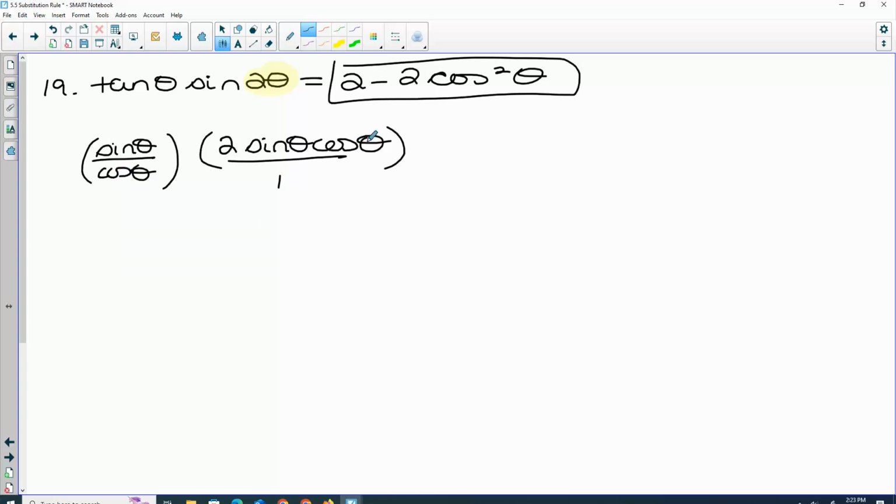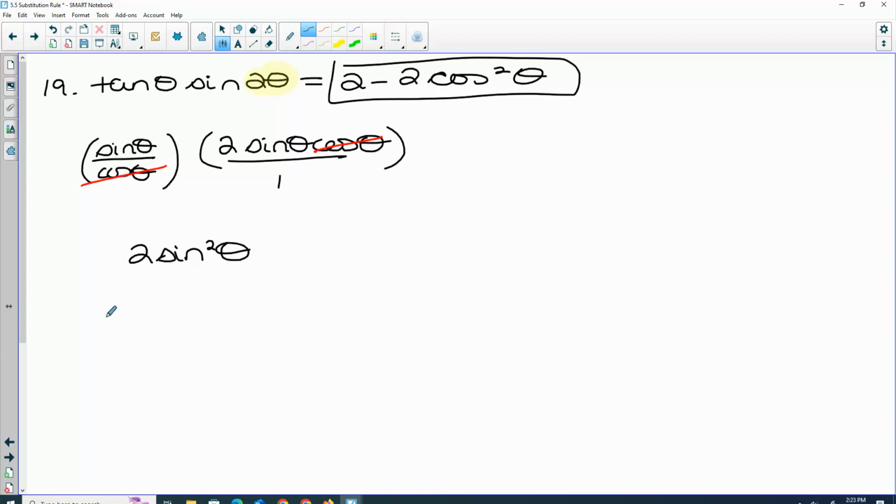So then we can see, if we have a cosine on top and bottom, those cancel. So we get 2 sine squared theta. Now, you might know where to go from here, and you might not. If you don't know what to do from here, what's our strategy? Box it in, go work the other side and see if you can get there. Or you can recognize where we're going, we only want cosines.